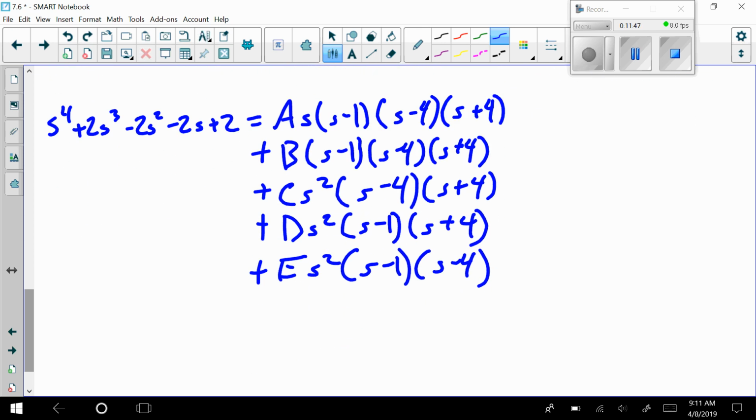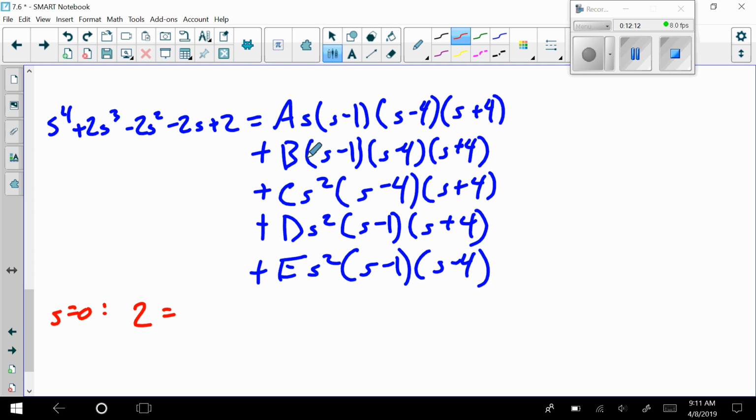And hopefully, because I have a bunch of unique different ones here, this should be rather painless. Like if I let s equal 0, well, what would happen up here? Everything would go away except for a 2. Should equal what happens here? Well, this A part is gone. B still has something. C is gone. D is gone. E is gone.